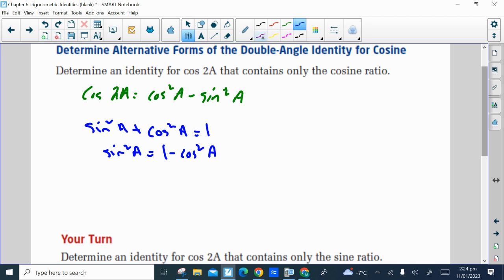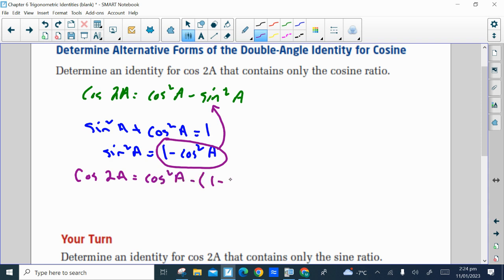And so what I'm now going to do is take this value of sine squared A, which is 1 minus cos squared A, and substitute it above. So cos 2A will equal cos squared A, and we're going to subtract all of 1 minus cos squared A, which is why I'm putting it in brackets. You're subtracting all of it.